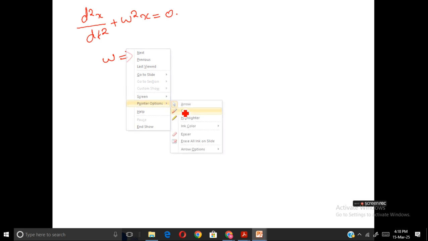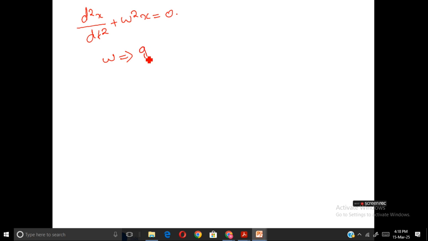The solution for these types of equations is already known. The solution for a differential equation of this form is given by x is equal to a sin omega t plus b cos omega t.